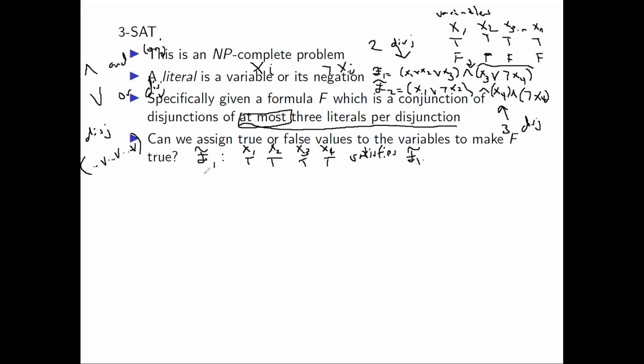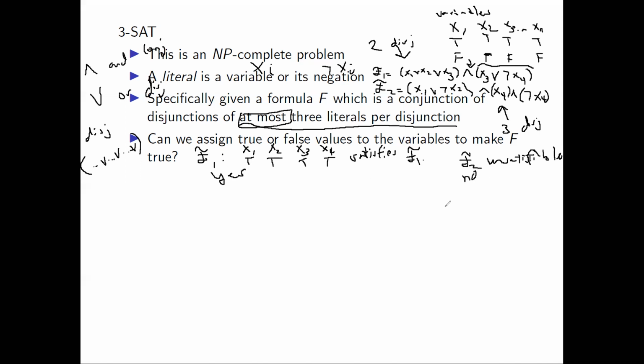And F2 is unsatisfiable. So you cannot make F2 true by assigning true and false values to the variables. So for these instances of 3SAT, for the F1 instance, the answer is yes. For the F2 instance, the answer is no.